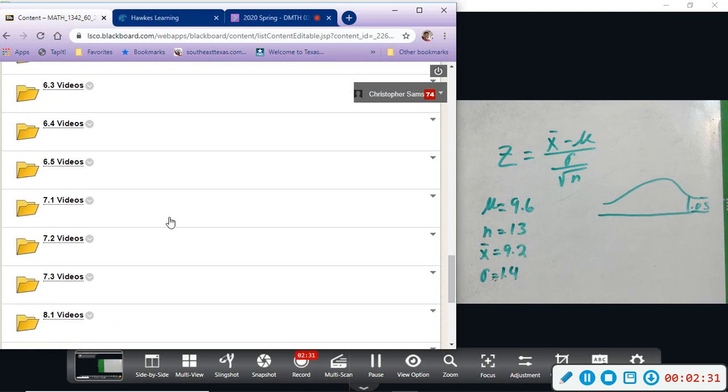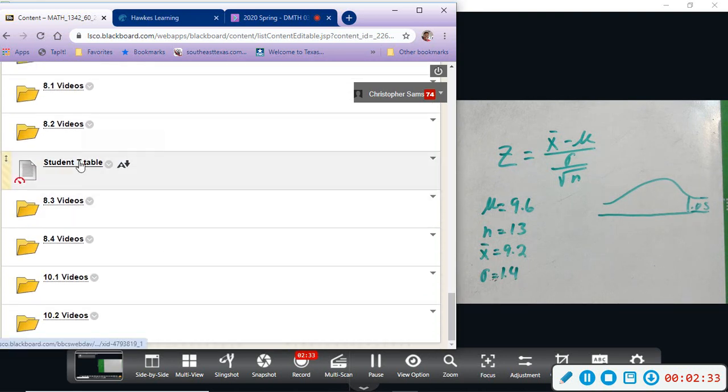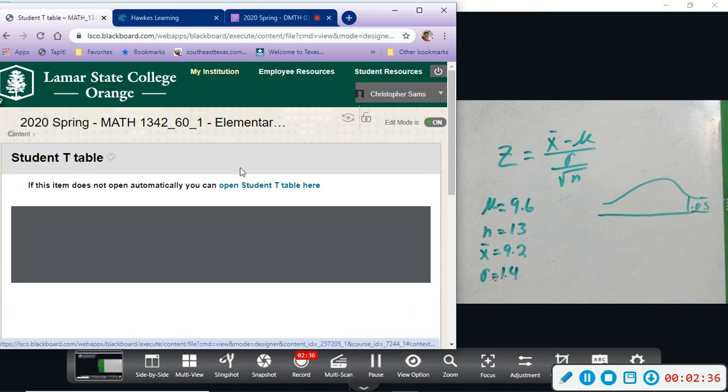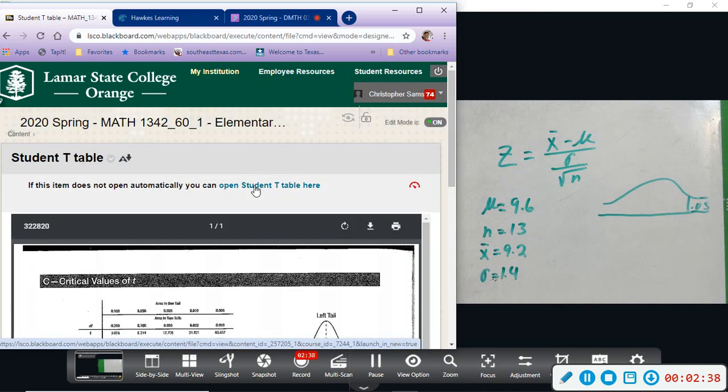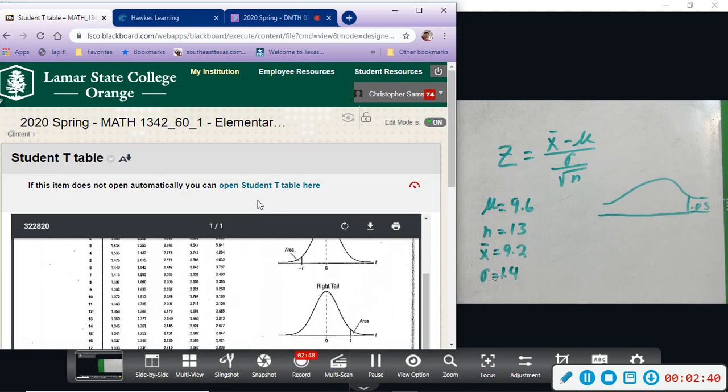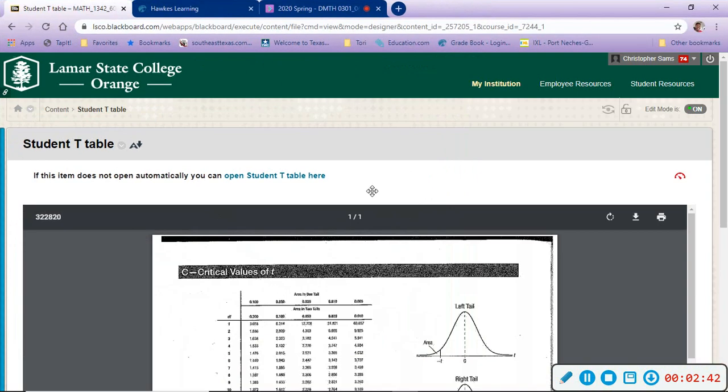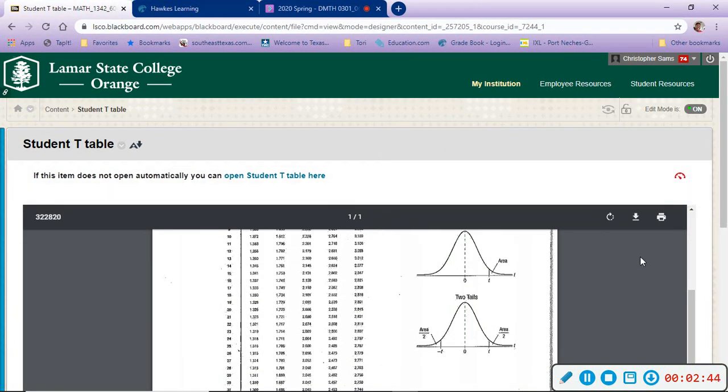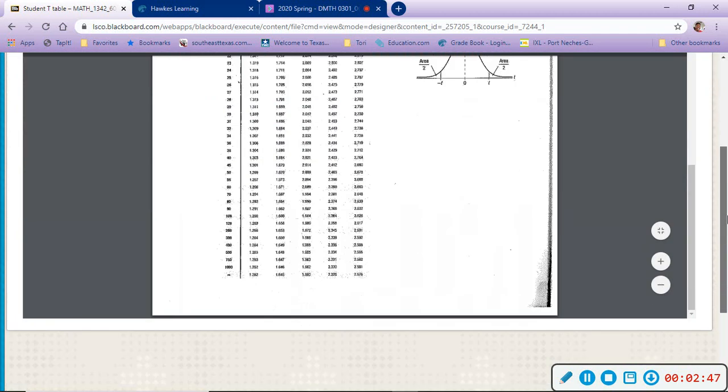There's the Z chart, and we need the T table. On this T table, I need to scroll this part down.